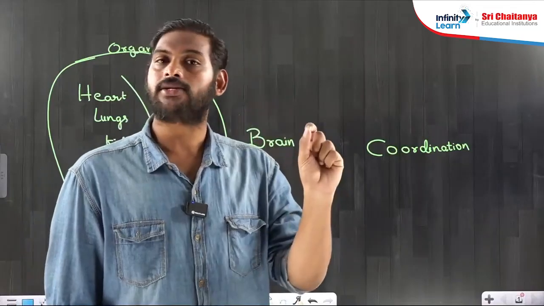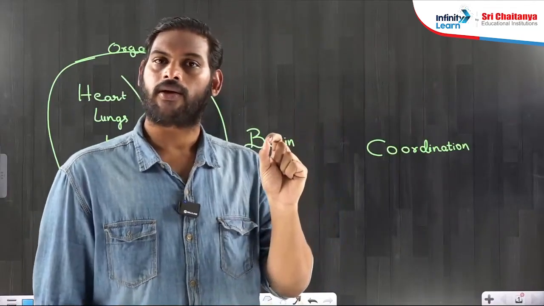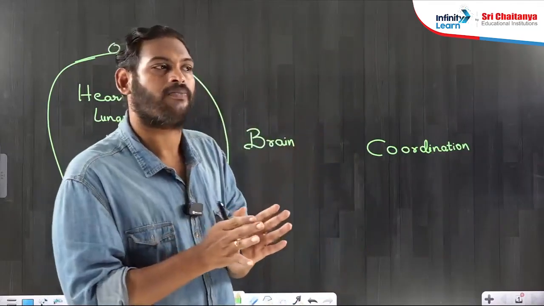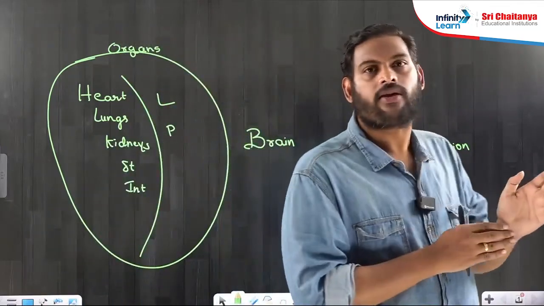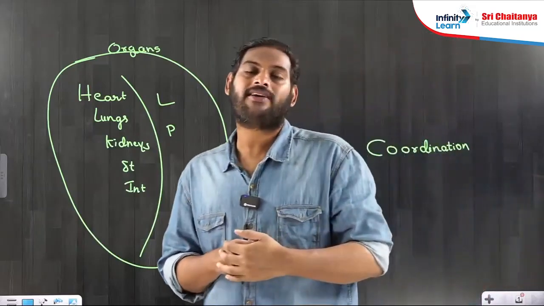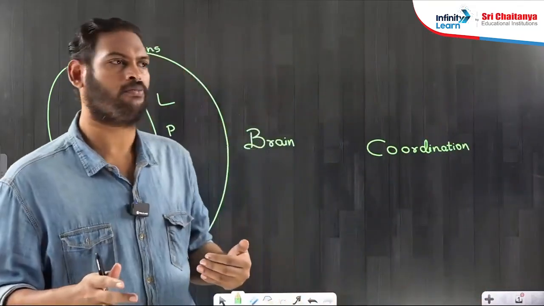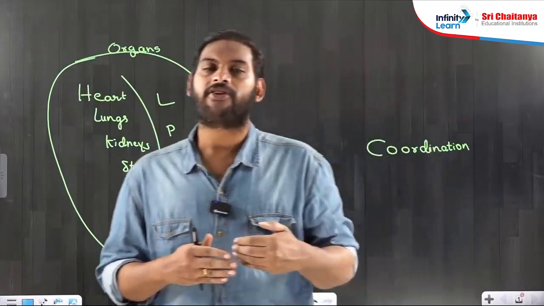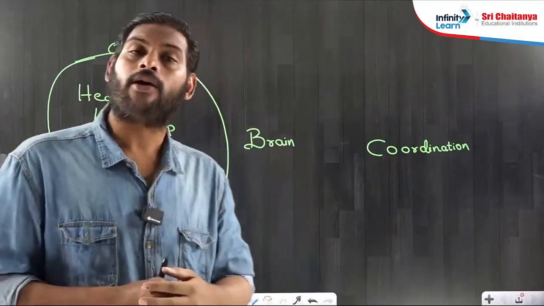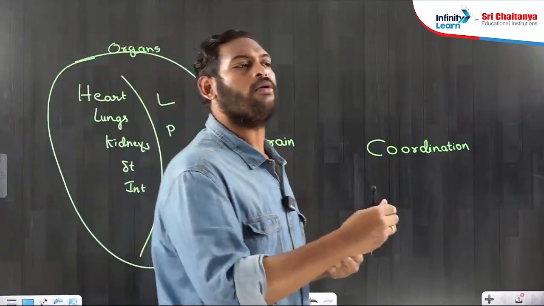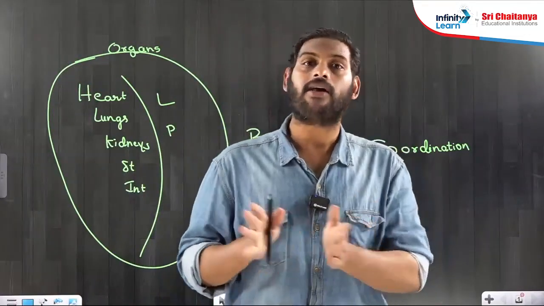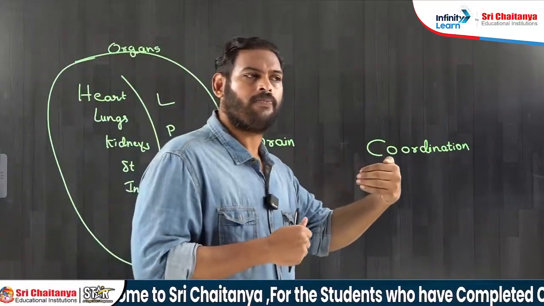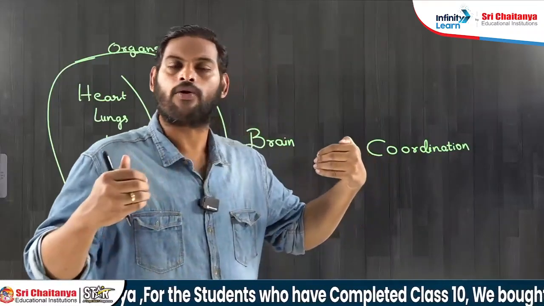Brain provides wired communication, whereas wireless communication is with the help of endocrine glands which secrete hormones. Coordination carried out by the brain we refer to as neural coordination, and coordination done by hormones we call chemical coordination, right?